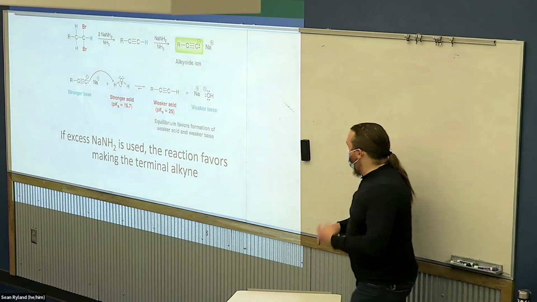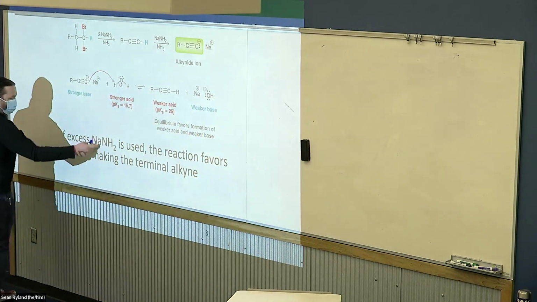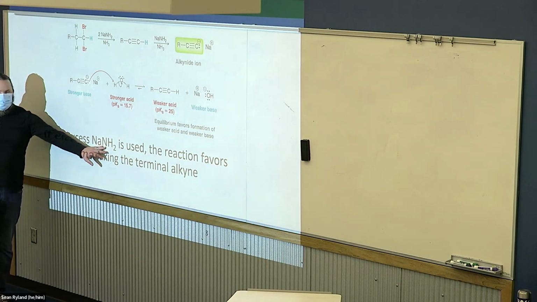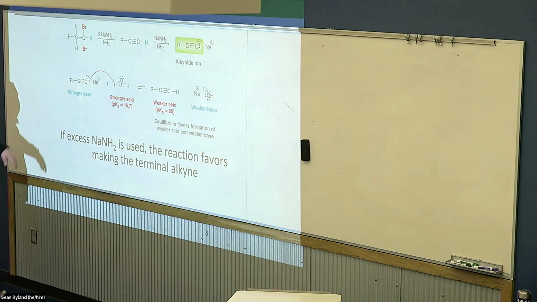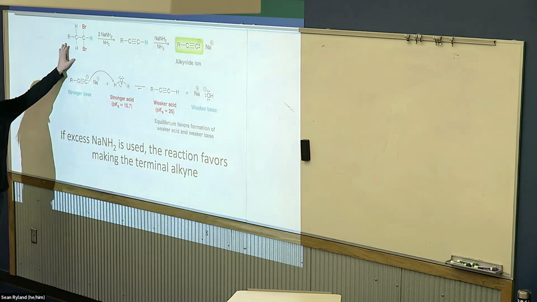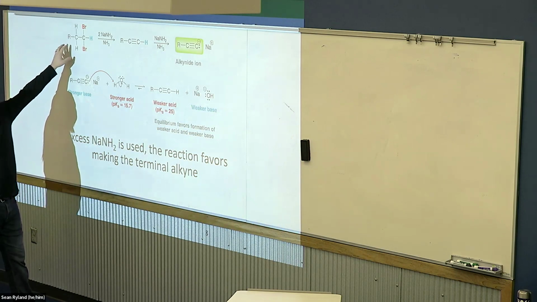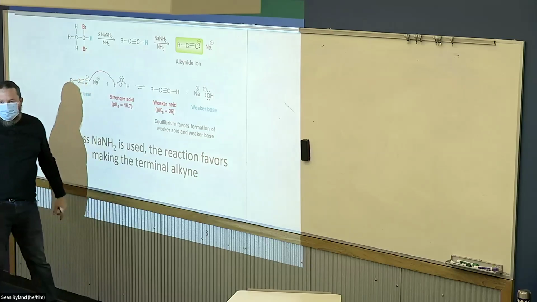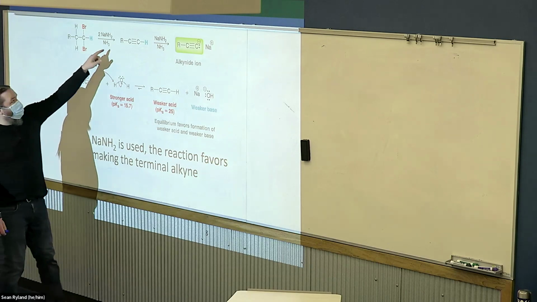The most common way though takes care of both of these issues at once. You just use an excess of a really strong base, sodium amide. You start by doing the double elimination, but then it'll actually go 1 step further. This is a strong enough base that it'll deprotonate if it's a terminal alkyne, and when I say terminal alkyne, I mean at the end of the carbon chain.